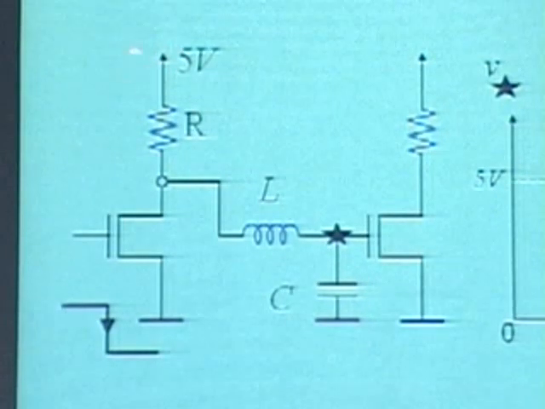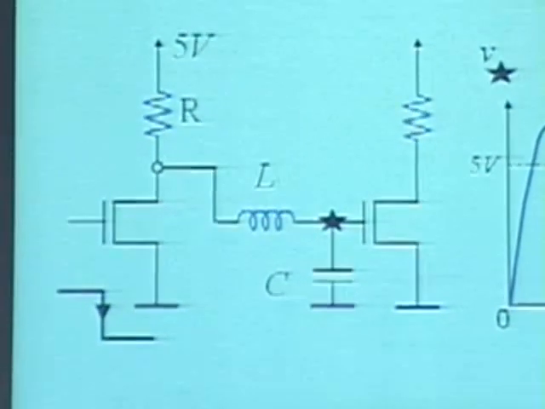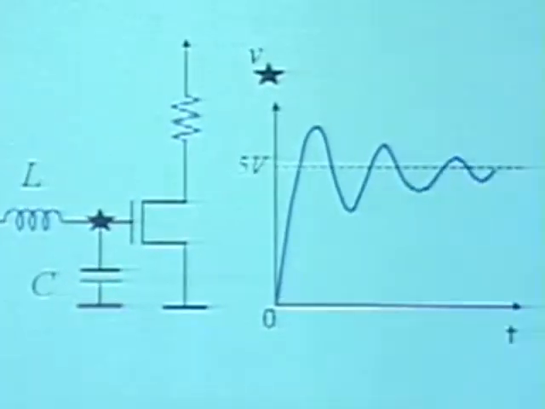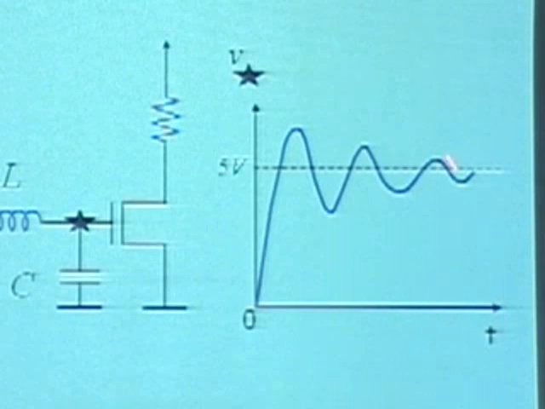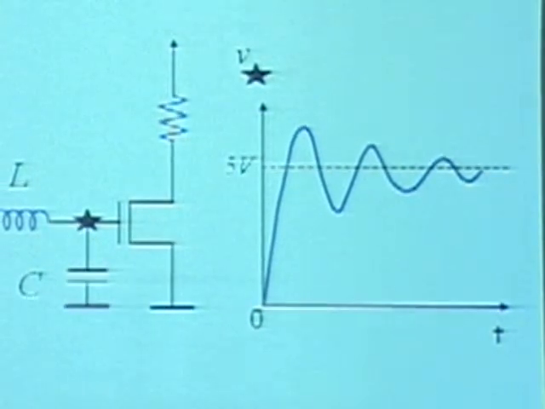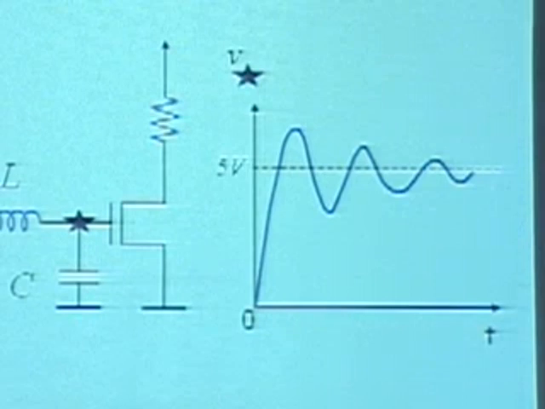So it is as if a 5-volt step was applied at this input. We also saw that using time domain differential equations, by applying a step input here, the output looked like this. The output would show some oscillatory behavior when we have a capacitor and inductor.